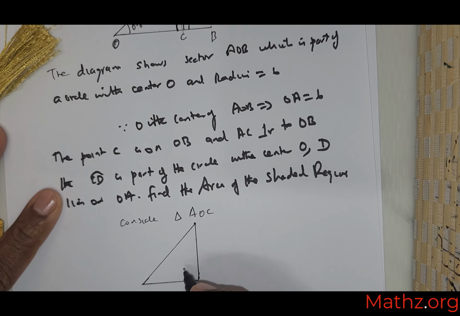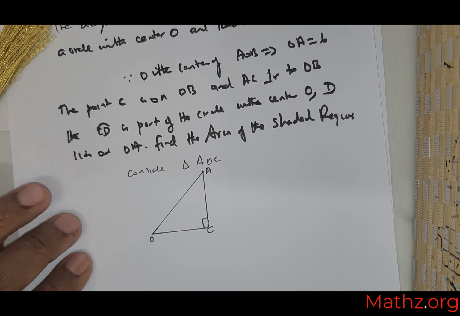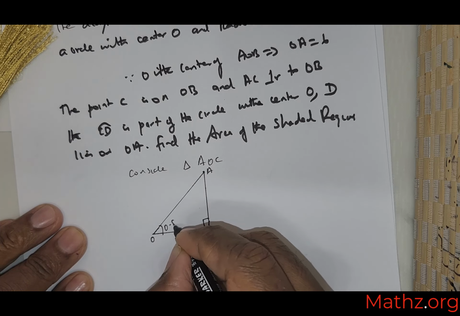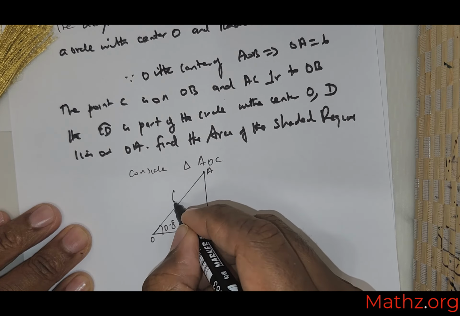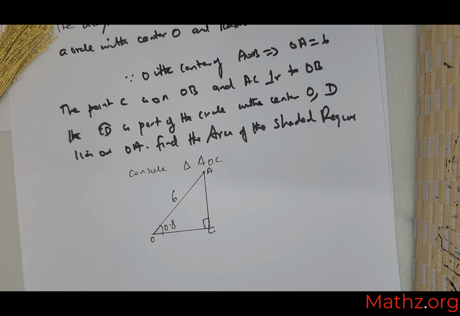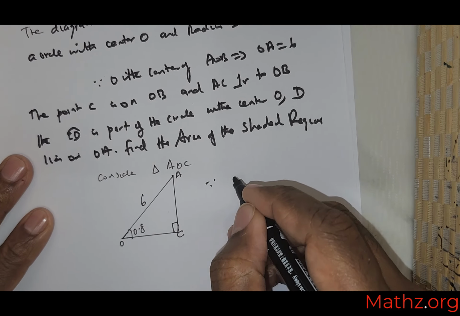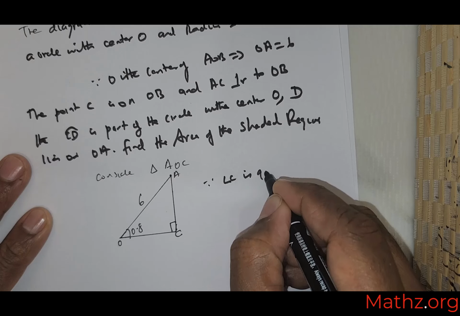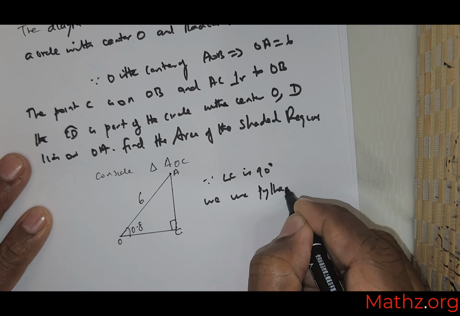This is 90 degrees. Now this angle is 0.8. As I mentioned to you, OA is 6 units. Now I'm going to be utilizing Pythagoras. Since angle C is 90 degrees, we use Pythagoras.